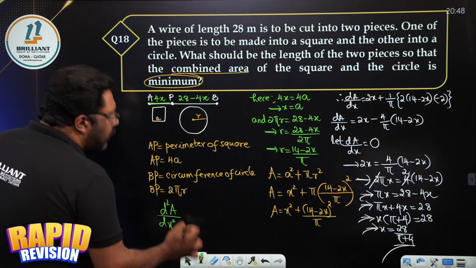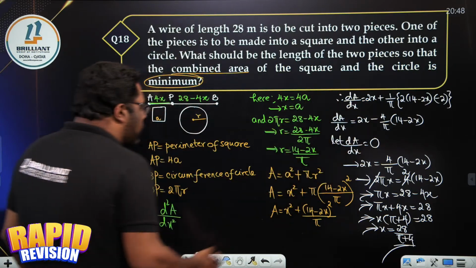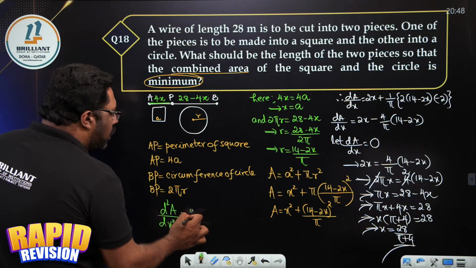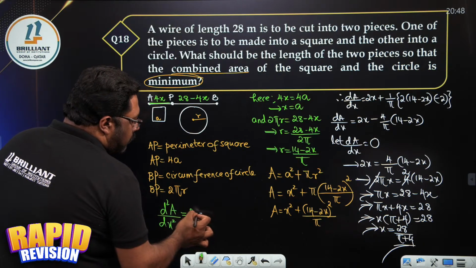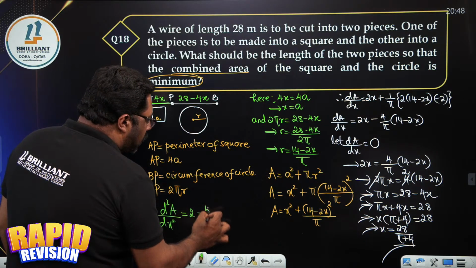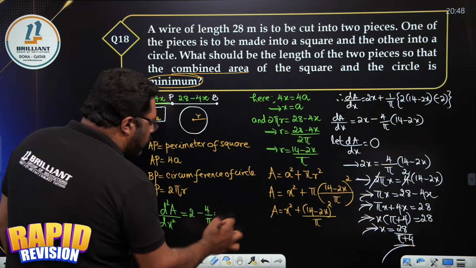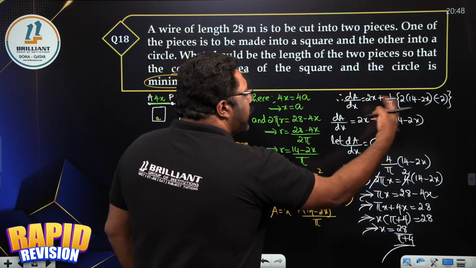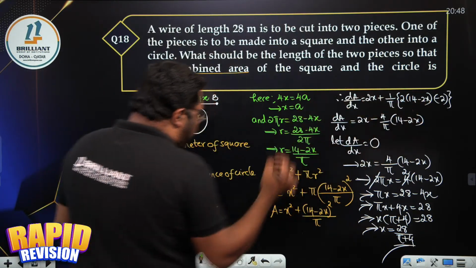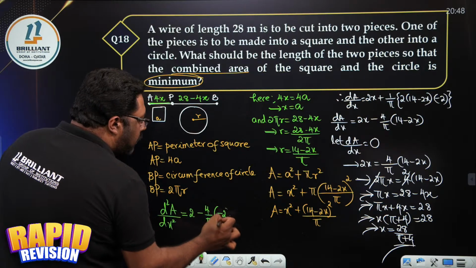For A, what's the derivative of 2x? 2, minus 4 by pi, constant. Derivative of 14 is 0. Derivative of minus 2x is minus 2.